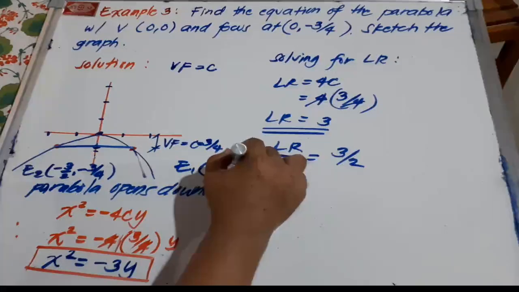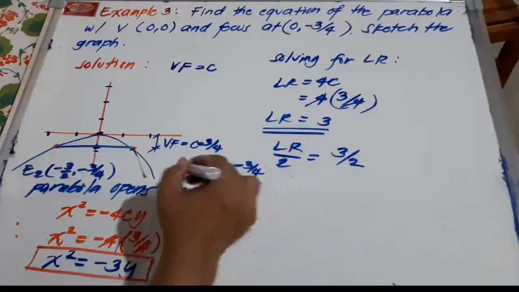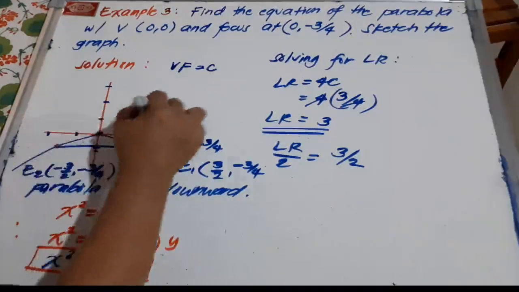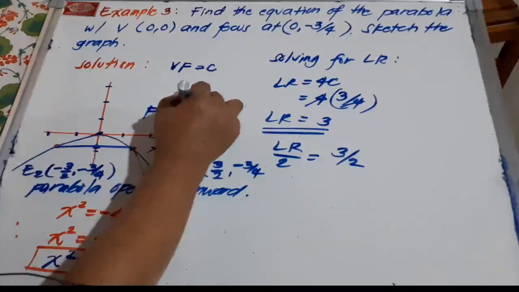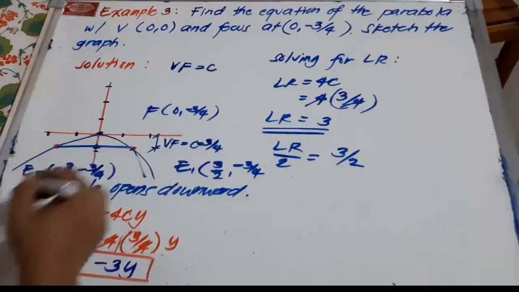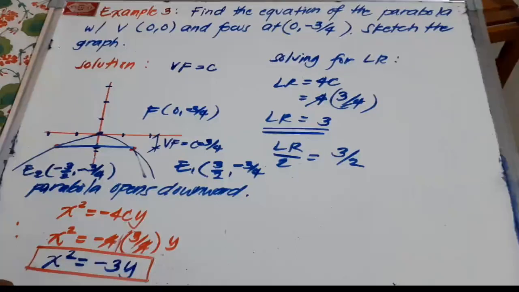Then, vertical distance is negative 3/4. Focus is located at 0, negative 3/4. And our directrix is on top, which is 3/4. Then, ang kanyang distance from the origin. So, naandito siya.